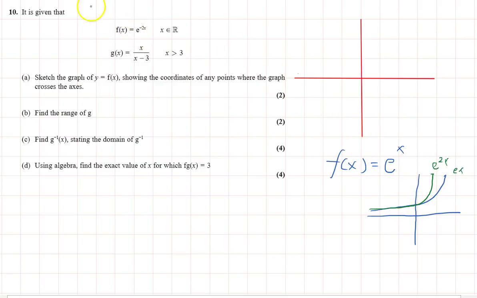So e to the power minus 2x will be e to the power minus 2x, and this is the point where it's going to intersect. That is x is equal to 0 and y is equal to 1.